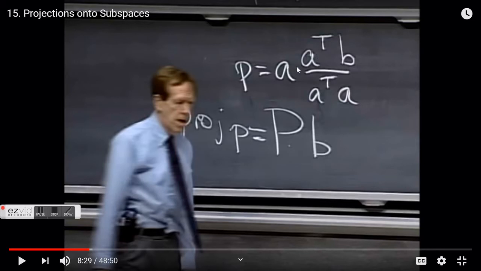This whole thing A transpose. Now keep in mind, if I do A transpose, then this will give me a matrix, whereas if I do A transpose A, this will give me a number. So here, this A transpose over A transpose A is not canceling out just because A transpose is a matrix, whereas A transpose A is a number.